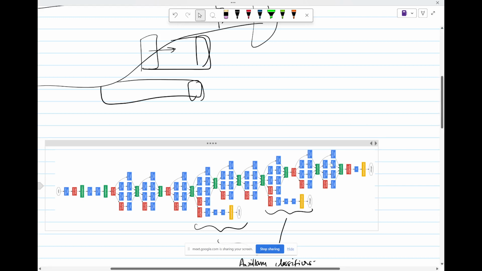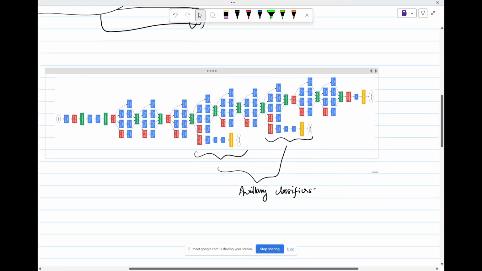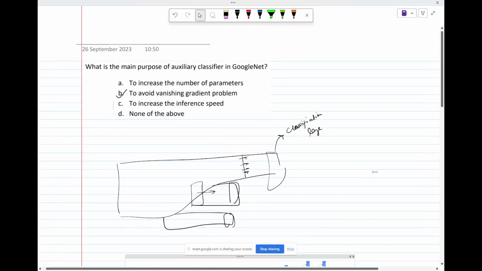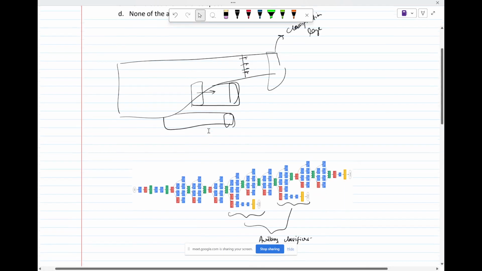If it is very deep, then it will take a long time for the feed forward part to work, and you will get a late output. So the auxiliary classifier doesn't have such a role in increasing the inference speed. So we can safely say B is the correct answer, to avoid the vanishing gradient problem.